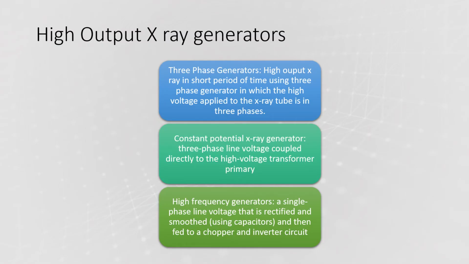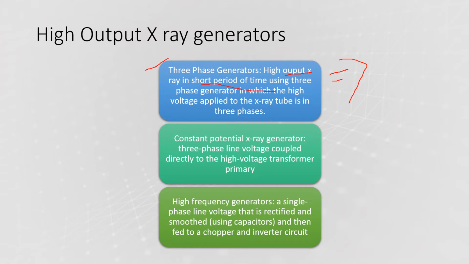Now coming to high output X-ray generators. There are three high output X-ray generators: the three-phase generator, the constant potential X-ray generator and the high frequency generator. Now let's discuss them one by one. Three-phase generator. This three-phase generator gives high output X-rays in a short period of time. So this is naturally used in patient imaging, to minimize patient motion.